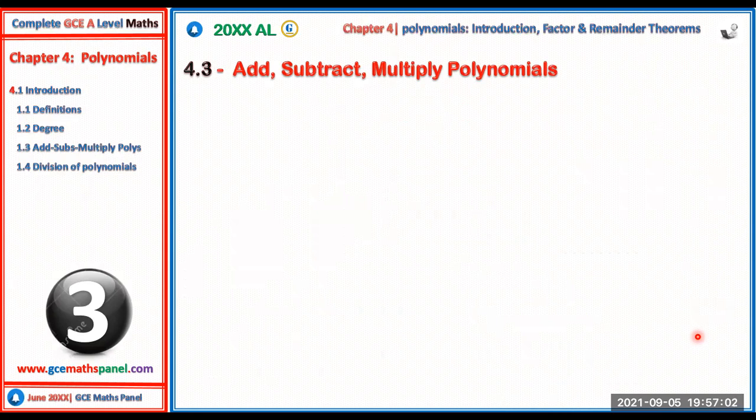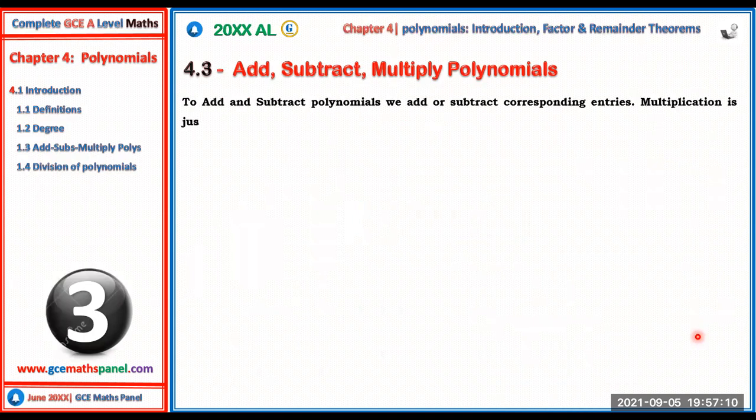There is a special property that division has, which we are going to look at. So to add and subtract polynomials, we add or subtract corresponding entries or terms, and multiplication is just by simply expanding. The results of these operations are also polynomials.